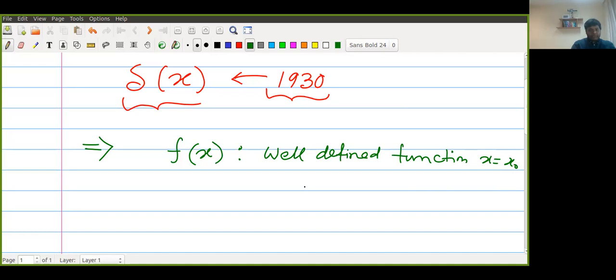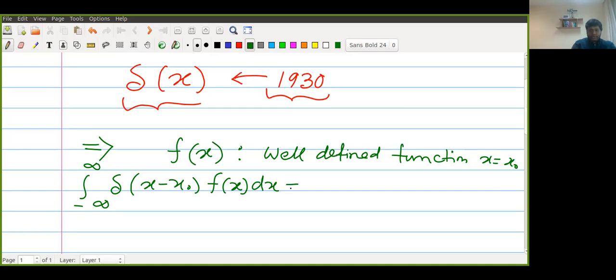Now I am going to define a function in such a way that I will prove later, but not for now. We use this as a tool: the integral from minus infinity to plus infinity of delta of x minus x naught, f of x, dx.